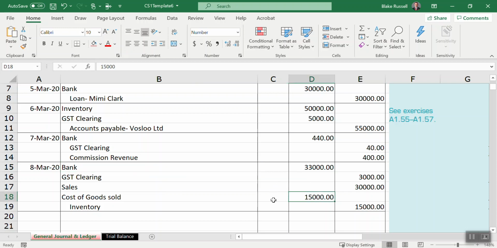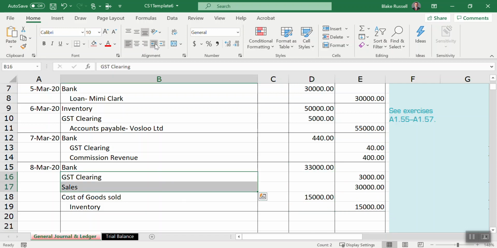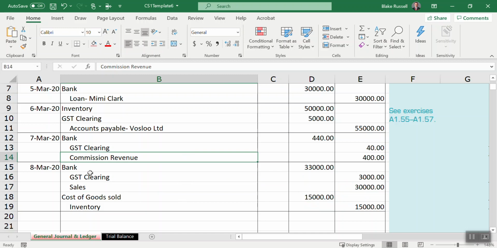Ideally put both these two figures together, they're the same. And then the order after that is the debit on the top, credit on the bottom. This way it sorts itself out. I might just indent those a bit. Just makes it easy to spot.